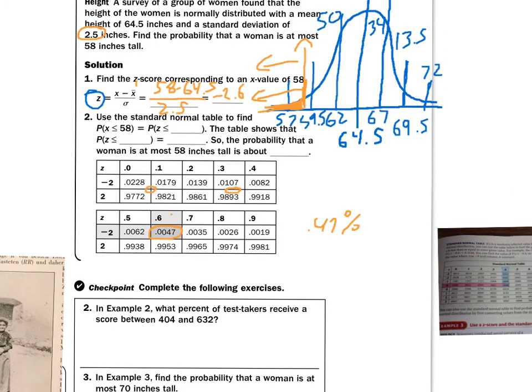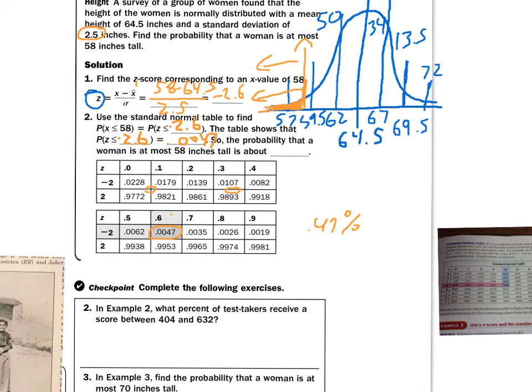Okay, now we're going to use the Z table to find that. So what's the probability that X is less than 58? Well, it's the probability that Z is less than negative 2.6. I looked on the table and it showed that the probability less than negative 2.6 was 0.0047.